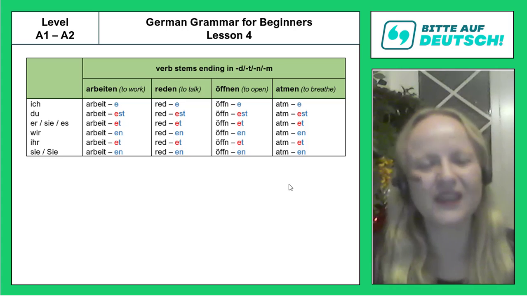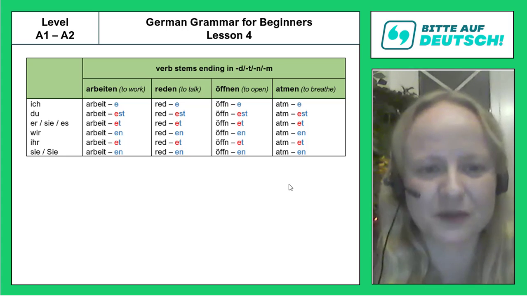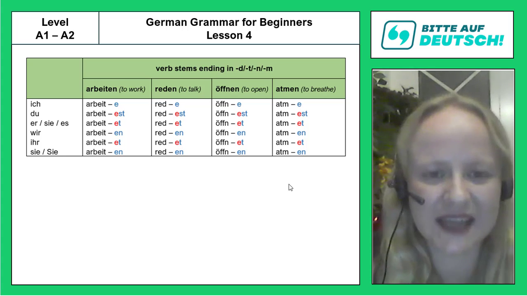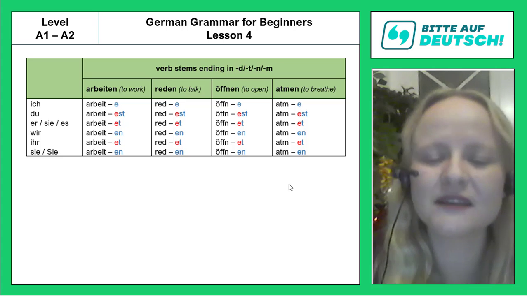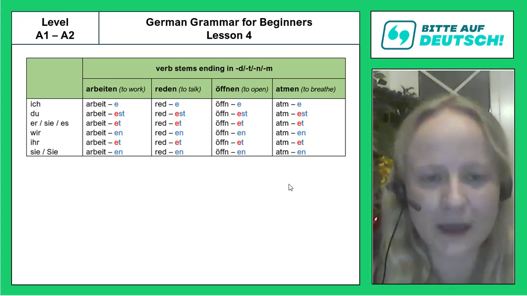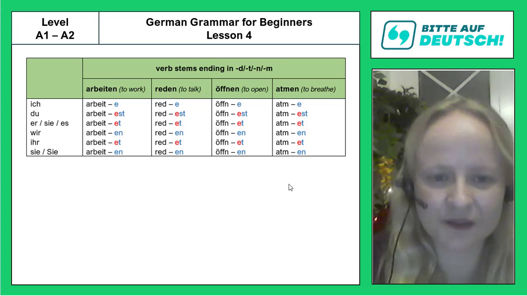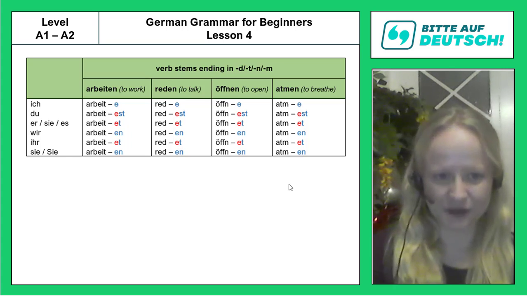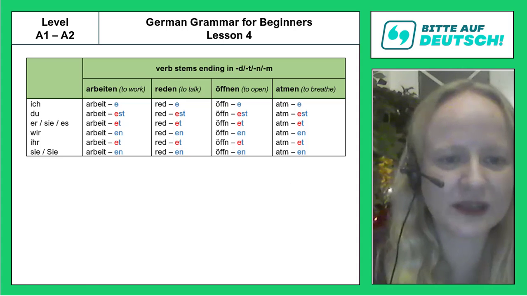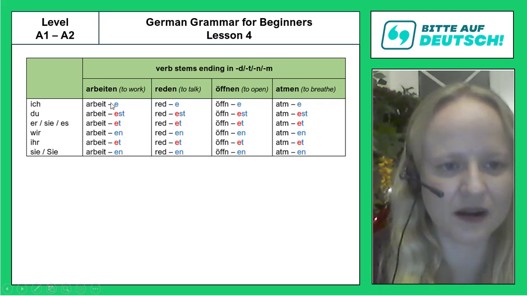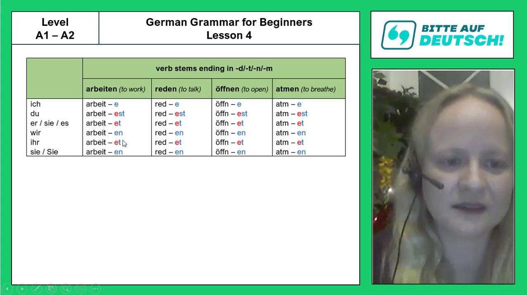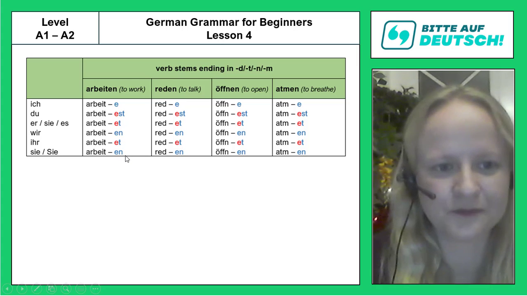When we have German verb stems that end, after eliminating en, in d, t, n, or m, we do have certain irregularities in the endings of the conjugation. So I would like to quickly remind you, the regular conjugation endings are e, st, t, en, t, en, okay?